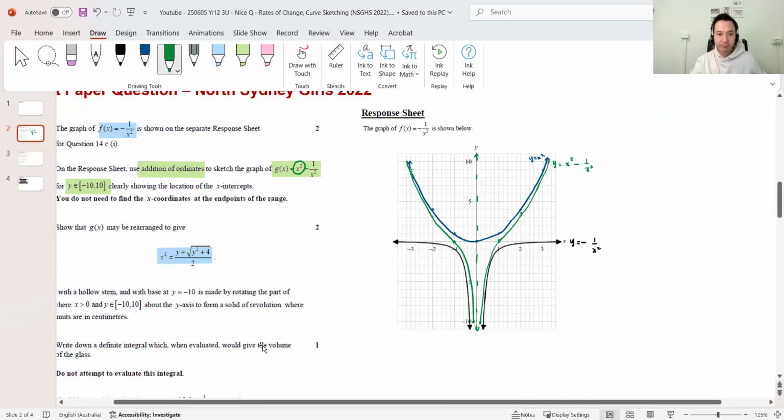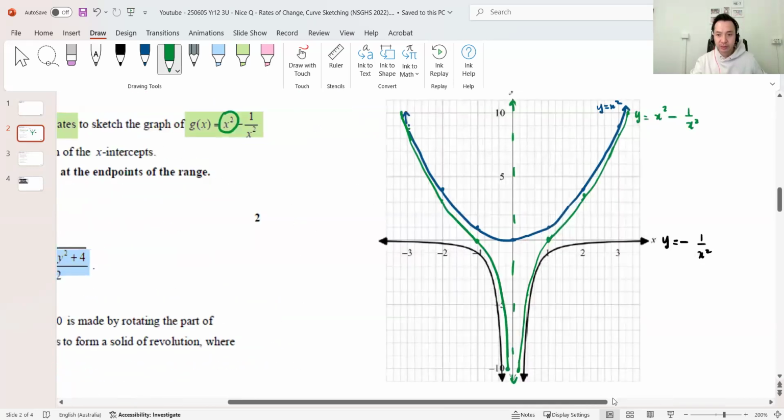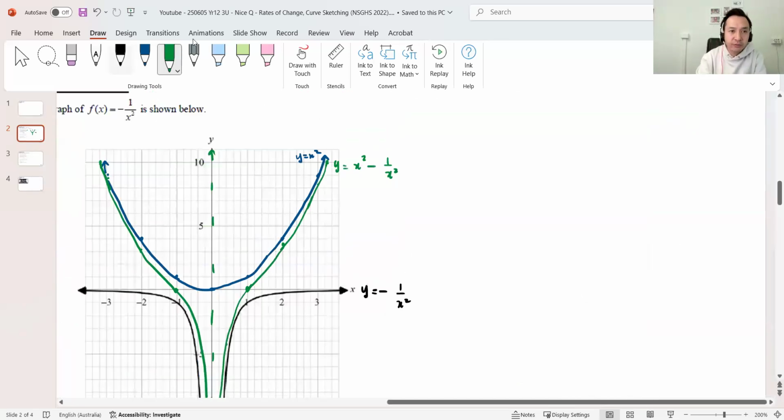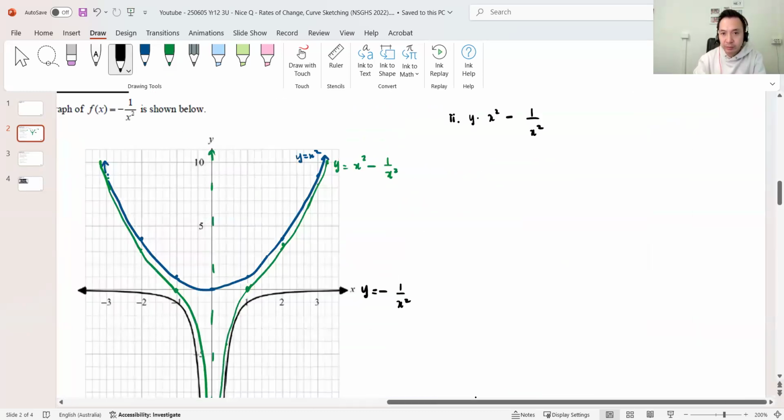Yeah, for part one. Now, what does part two want? They just want me to take g(x) and make x squared the subject. So this is obviously for part one. Part two: x squared minus 1 on x squared equals y, so y equals that.